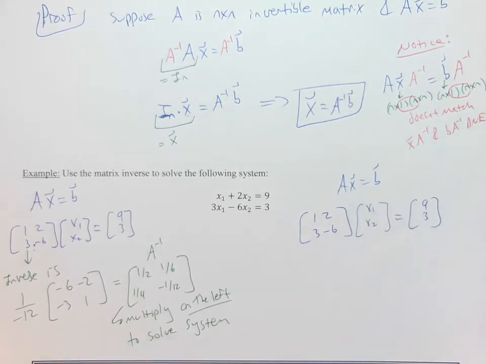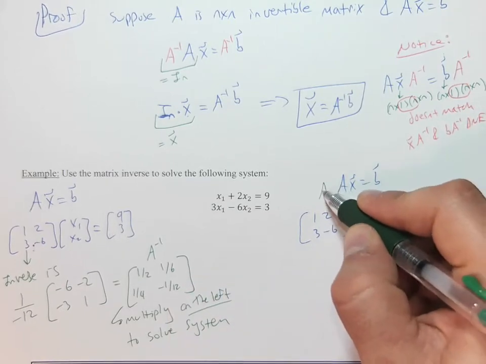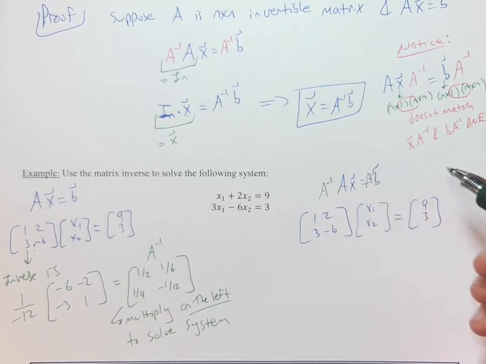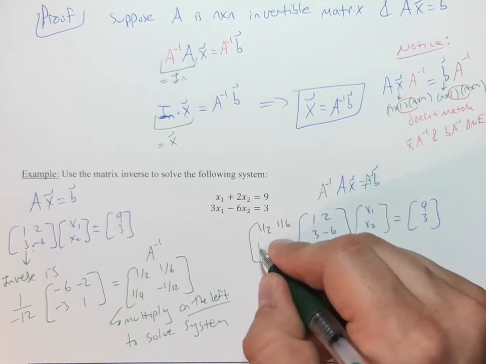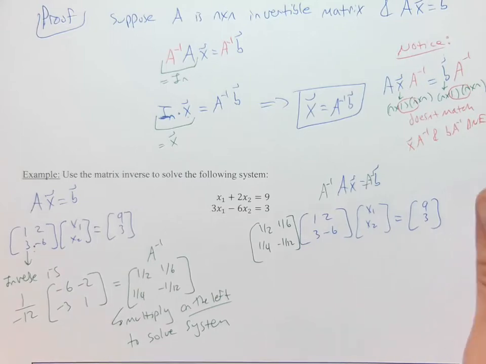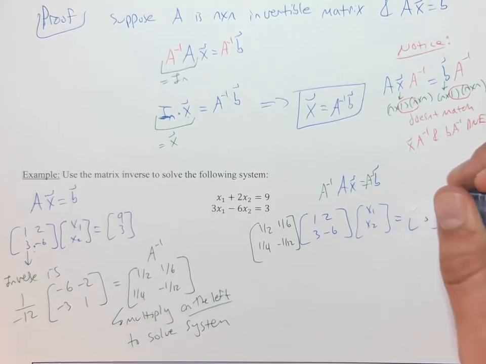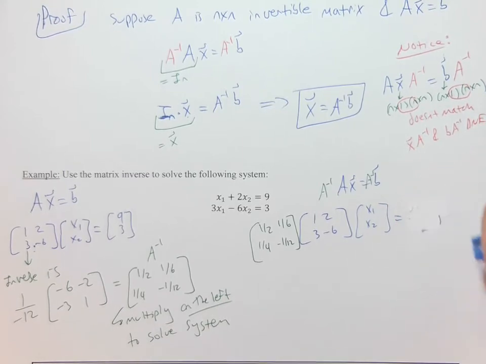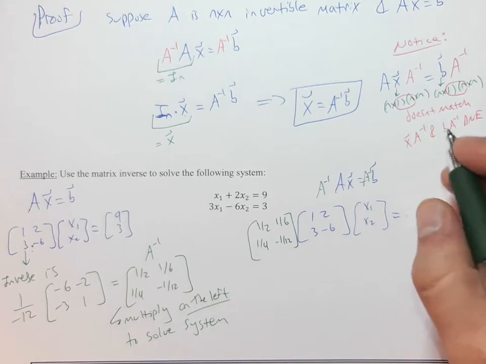Just trying to show the details here. We're going to multiply on the left by this inverse, and so we're going to do this. Right, so that looks like this then. And I should have left some more room here. Oops, let me slide this over. Because we've got to multiply on the left, right? I don't want to slip it on the right. That doesn't make sense. It's got to be on the left side of that vector.